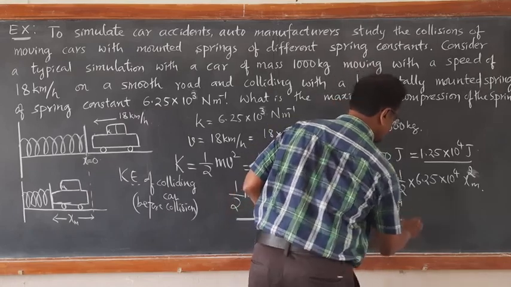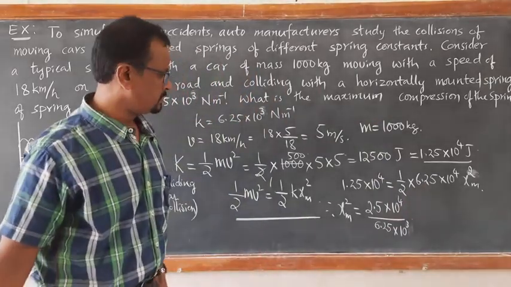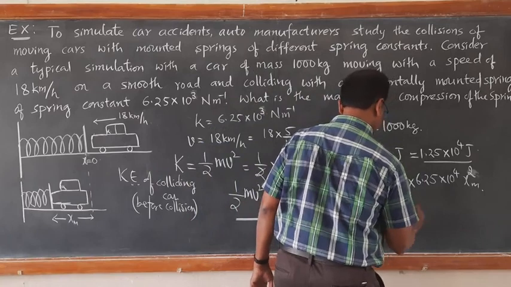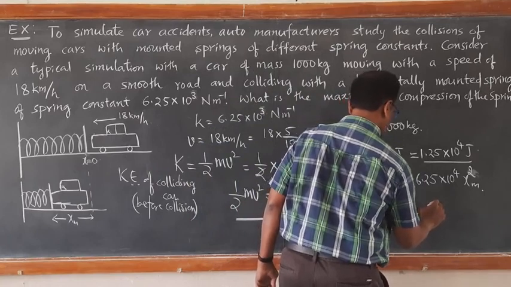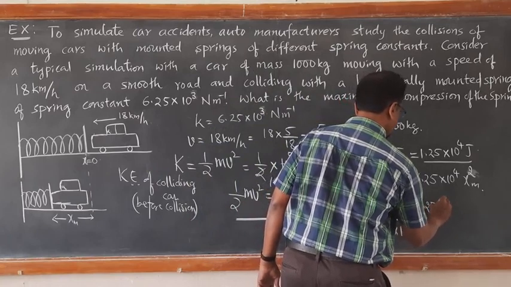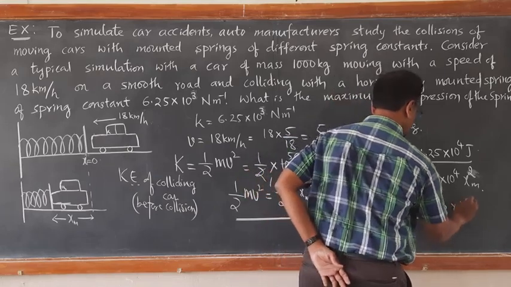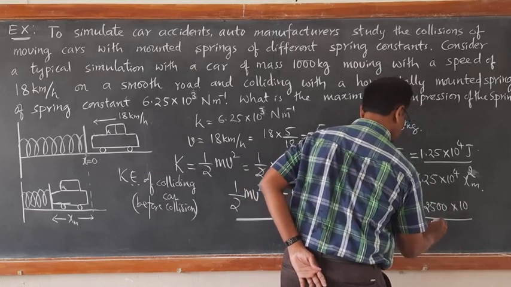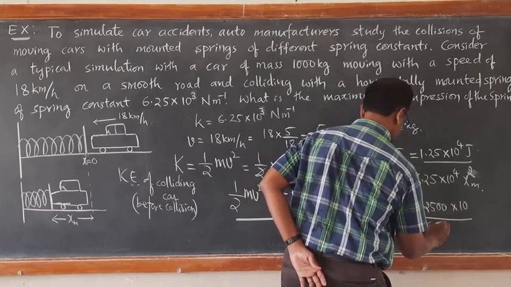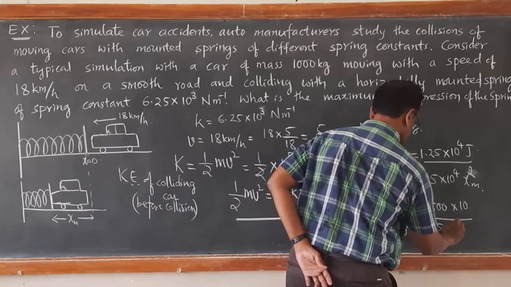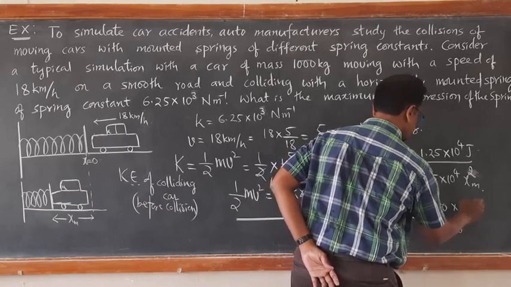This is given in the numerical problem. If you work it out, this becomes 2500 into 10 divided by 625 into 10. So 10 cancels.